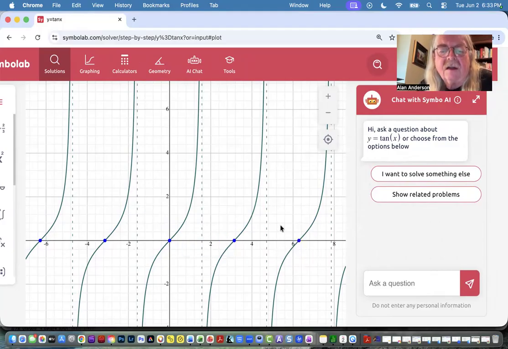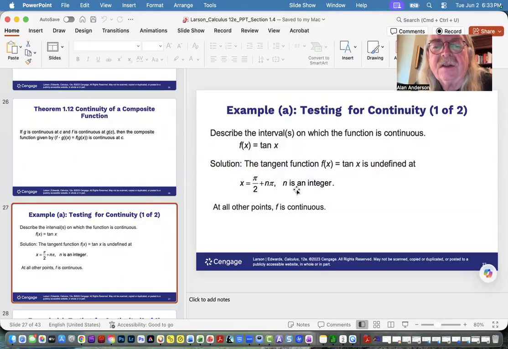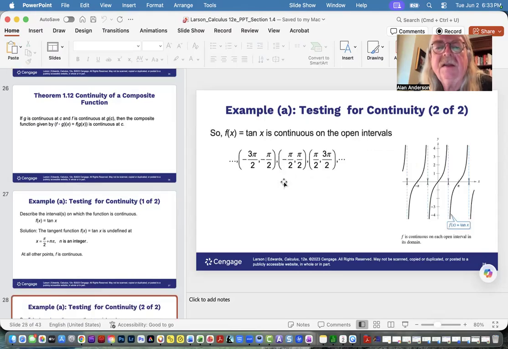And then it just goes on and on and on. So there's a definite pattern to the asymptotes here. So that's what this is getting at. At any point that does not fall into this pattern right here is a point where the function is continuous.